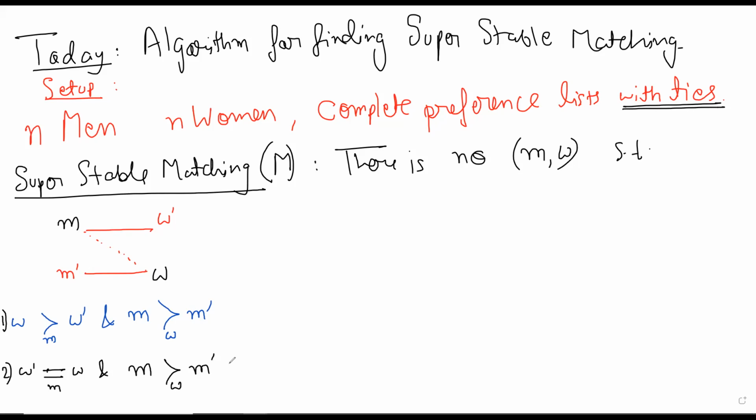Then we'll get 4 conditions. You can have a symmetric thing with M, W, where W doesn't lose anything. W is tied between her current partner and M, and M benefits. So we don't want this also.